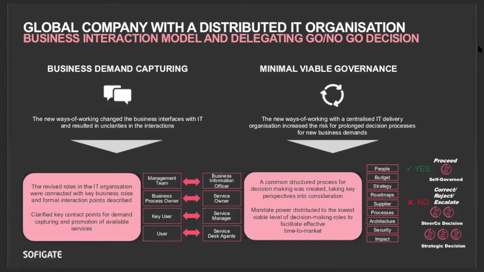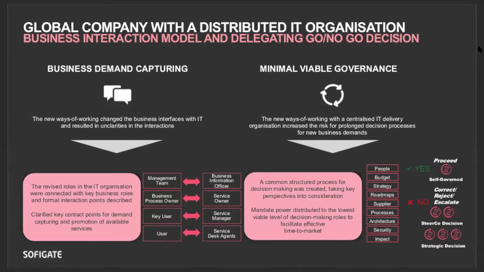So by then setting a structured process for decision making, putting it as far out in the organization as you can, we shortened the time to market for these changes. So based on checklists or checks to be done in these areas, like people, do we have the resources, do I have the money, is it aligned with strategy, etc. If everything was green, it was just to proceed with the change.